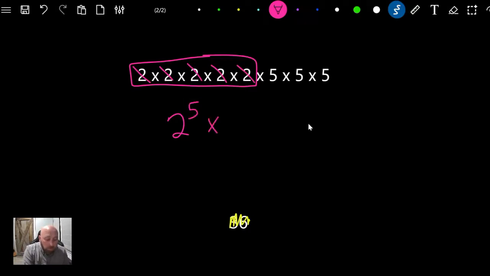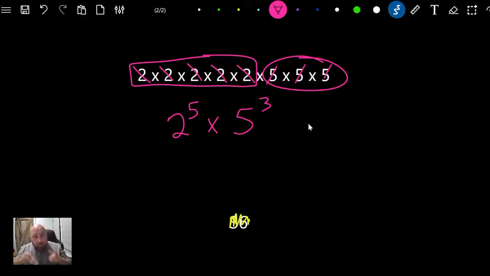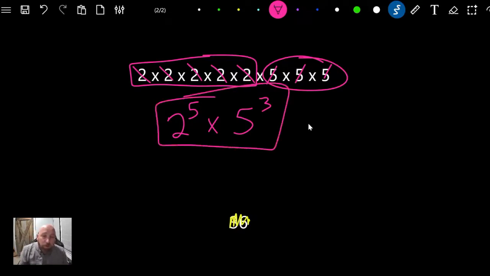And then we would multiply that by the 5. So 5 is the base, 1, 2, 3 times. So that's a shorter way to write that, because if you have to write 2 times 2 times 2 times 2 times 2, it's a lot of writing. And this is a much faster way to write the exact same thing.